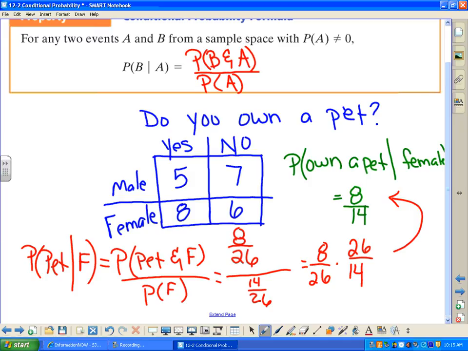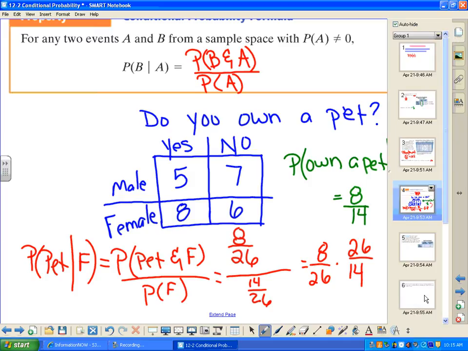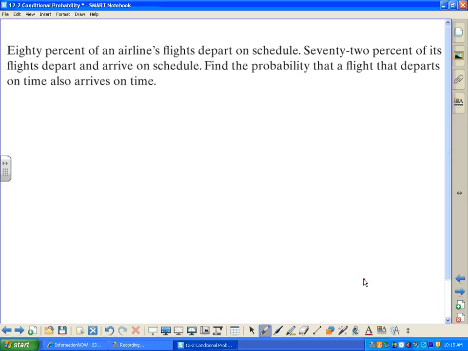Let's see. For example, it says 80% of an airline's flights depart on schedule. 72% of its flights depart and arrive on schedule.